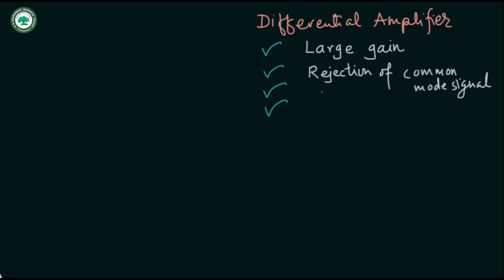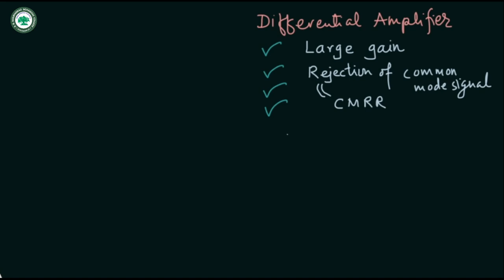As it has the large gain, it rejects the common mode signal. So this can be considered in the form of the common mode rejection ratio, abbreviated as CMRR. The value of this CMRR should be very high. That means the rejection of the common mode should be very high.